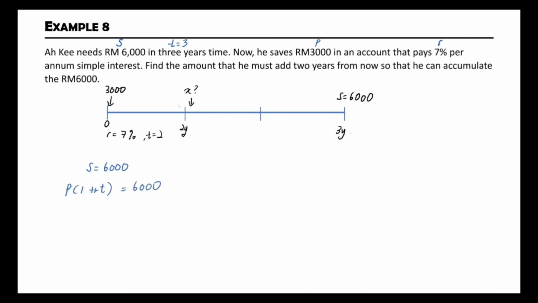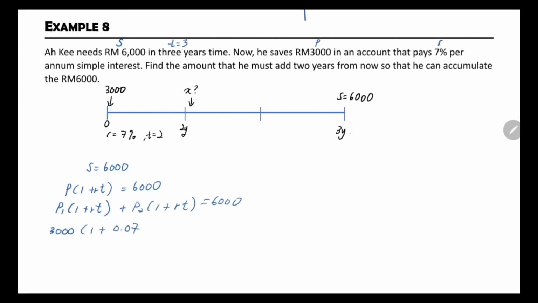S is P(1 plus RT) equal to 6,000. Since we have 2 principals, first principal is from 3,000 ringgit that he put at the beginning, and the second principal is the amount he adds after 2 years. So P1(1 plus RT) plus P2(1 plus RT) equal to 6,000. So P1 we know is 3,000 ringgit, 1 plus R is 0.07.